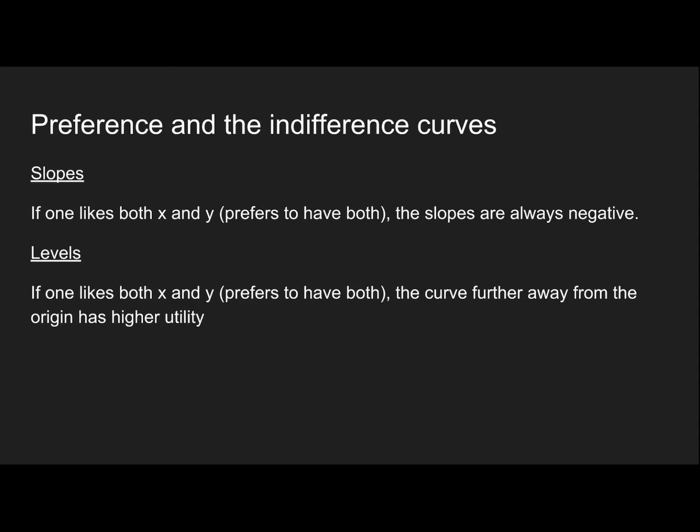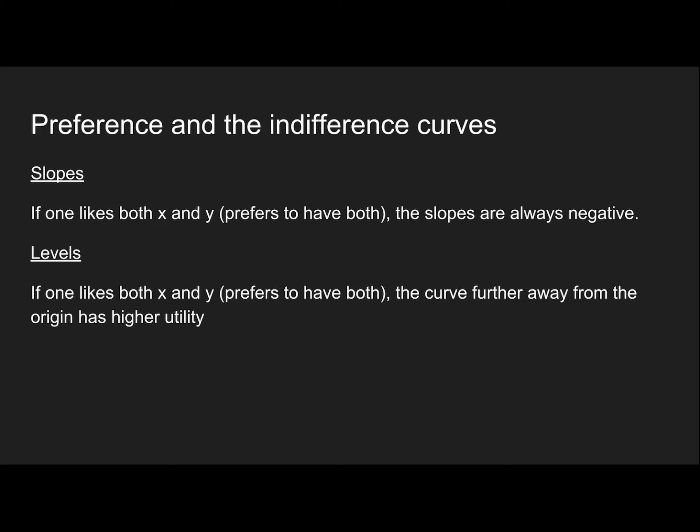Okay, and I will give you an example on how preference can determine the indifference curve. For example, the slope. How does preference determine the slope? If someone likes both x and y, like both two goods, then the slope is always negative, which means that it will be a downward sloping line.